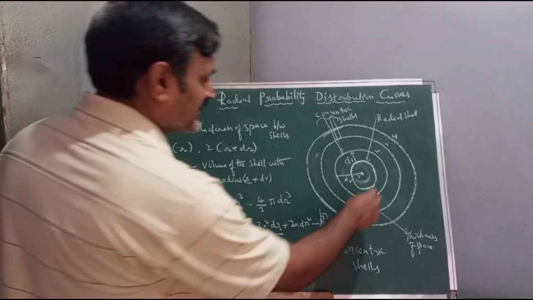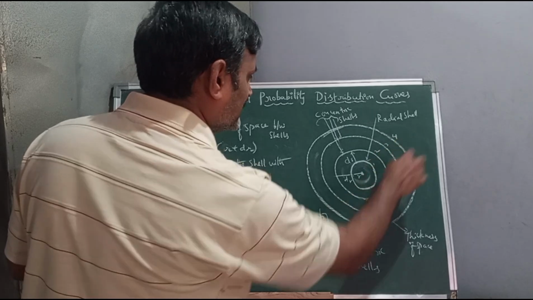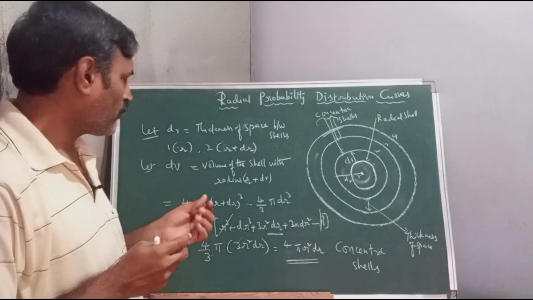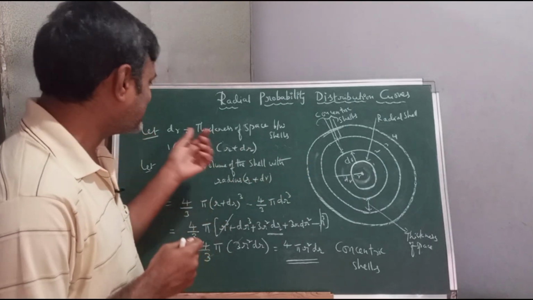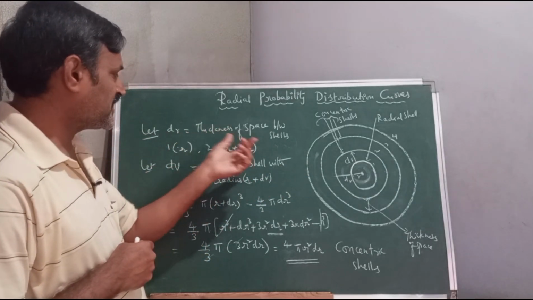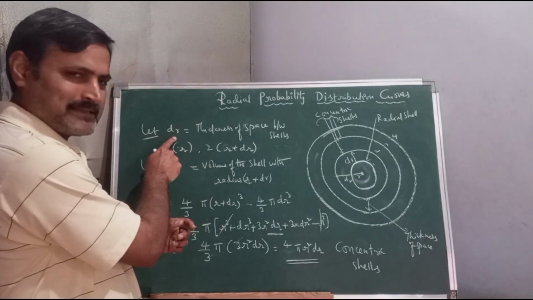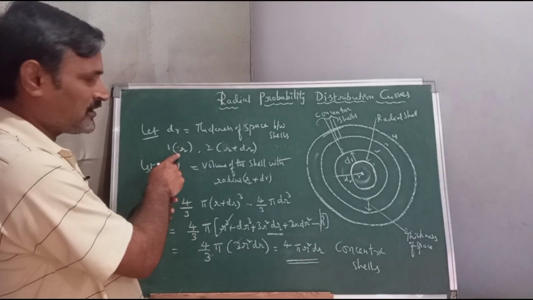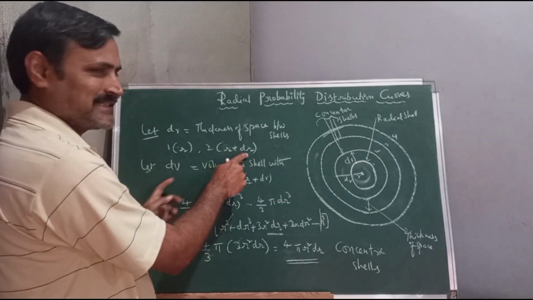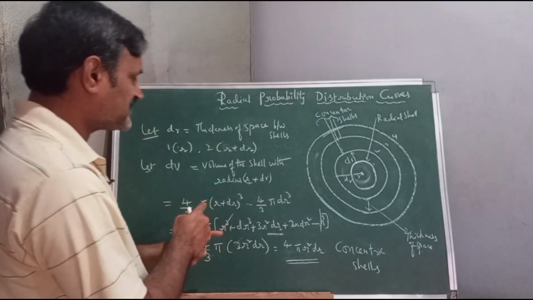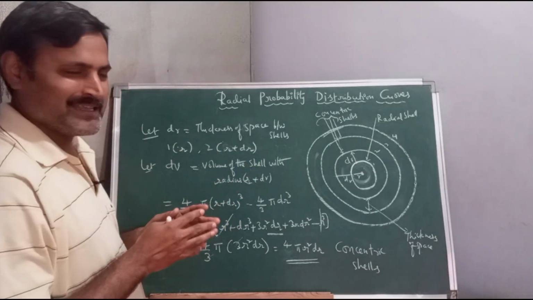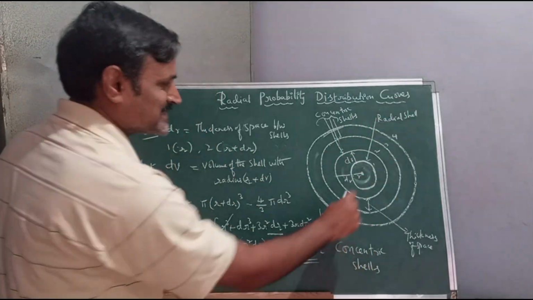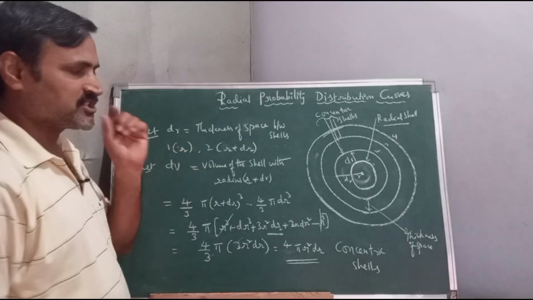If you consider these concentric shells 1, 2, 3, 4, between them we assume a very small volume dV, and the separation between the shells is dr. If the first orbit has radius r, the second orbit has radius r plus dr. Between these two orbits, the volume is said to be the volume of the radial shell, meaning the gap between the shells.